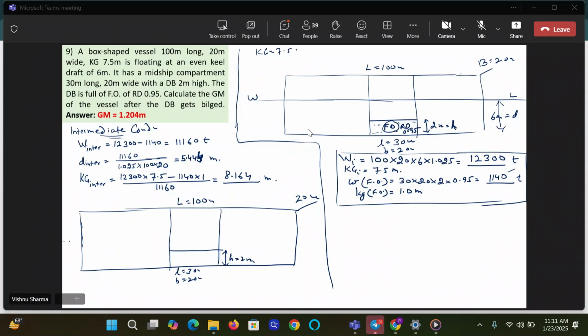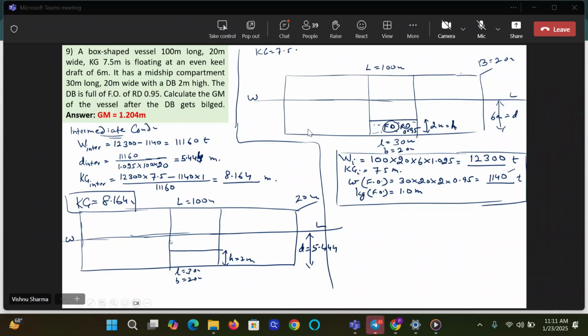But now the draft of the vessel is reduced to 5.444, correct? And the kg of the vessel has altered to 8.164 meters. Does everybody agree with what I have drawn here? Yes, sir.